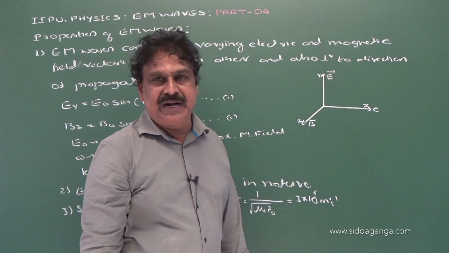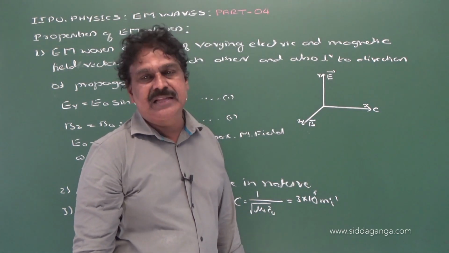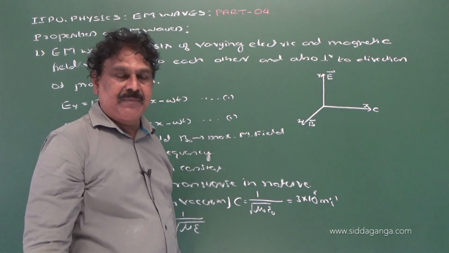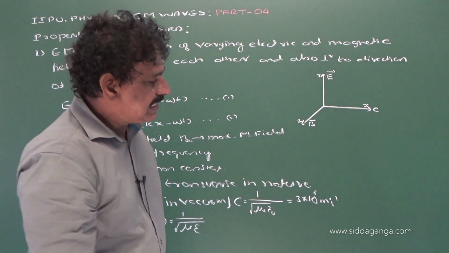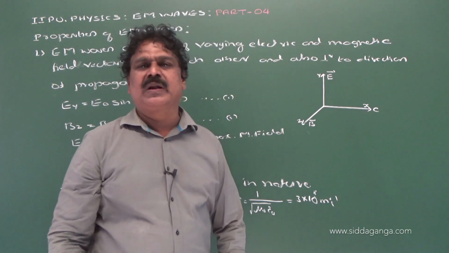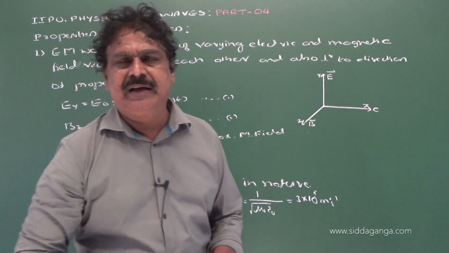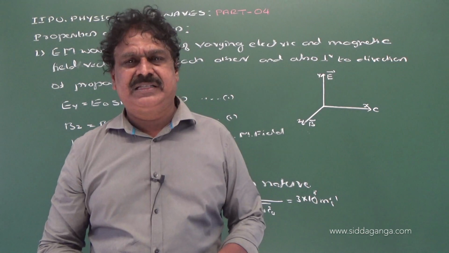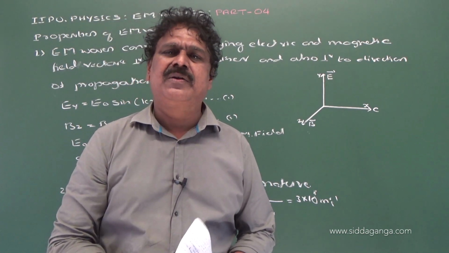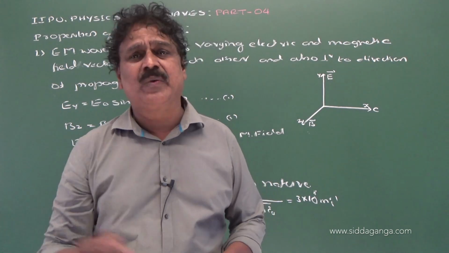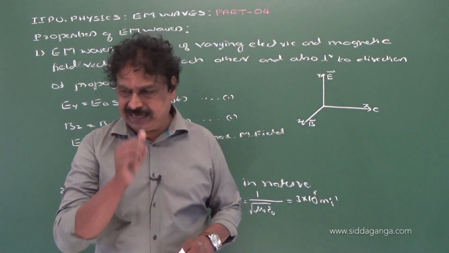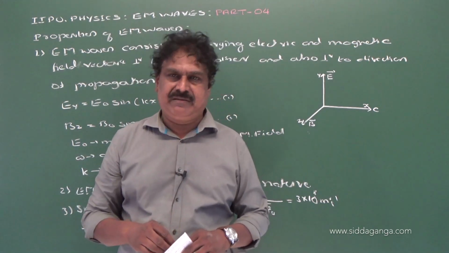In vacuum, the speed is maximum, c, and in any other medium the speed is less than that, depending upon the electric and magnetic properties of the medium. Just as we have wave equations for progressive waves, which we discussed in the previous year, such as mechanical waves, transverse waves, longitudinal waves, particularly sound waves, where a wave is represented by an equation called the wave equation.